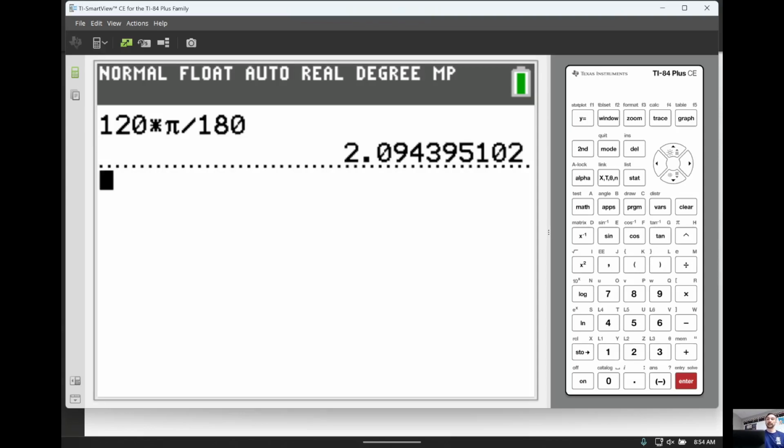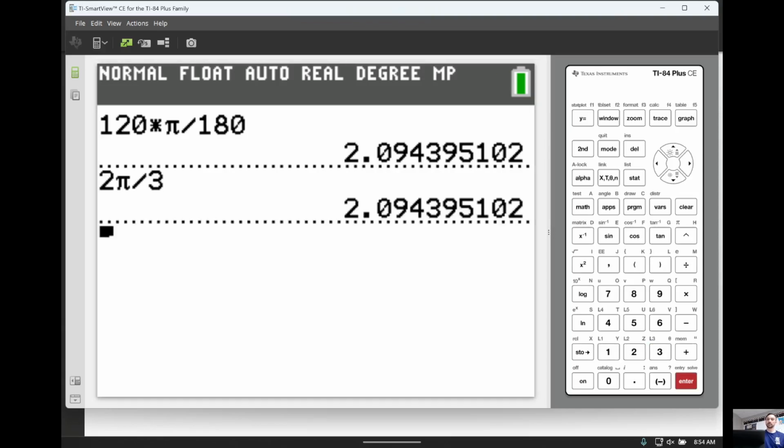But what did I get an answer of on part A? You'll have to tell me so I don't flip back and forth. 2 pi over 3. Yeah. So if I type this in and hit enter, the calculator is going to show me the decimal, right? Shouldn't these be the same decimal if I did it correctly? So the fact that those are the exact same decimal makes me feel pretty good about part A.